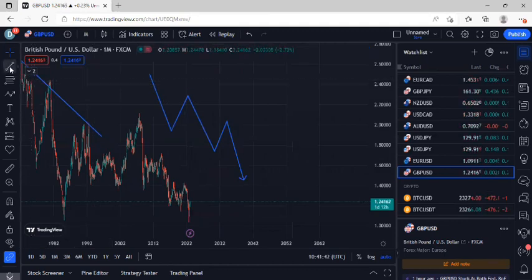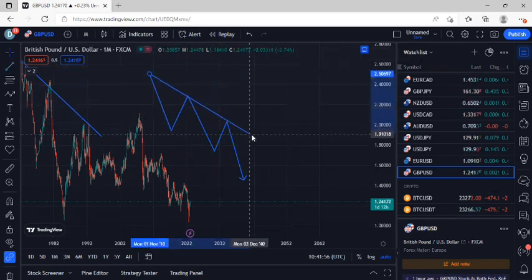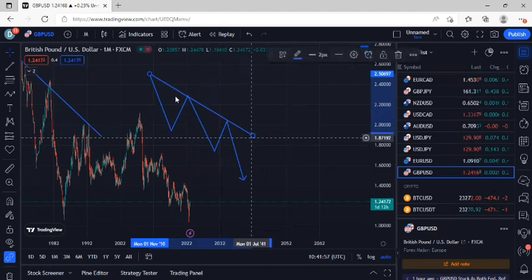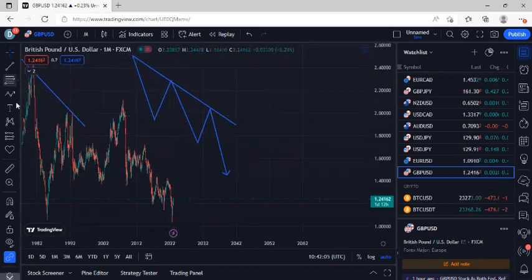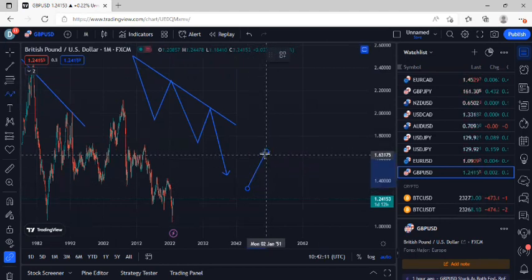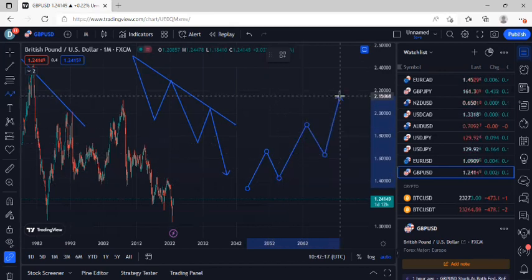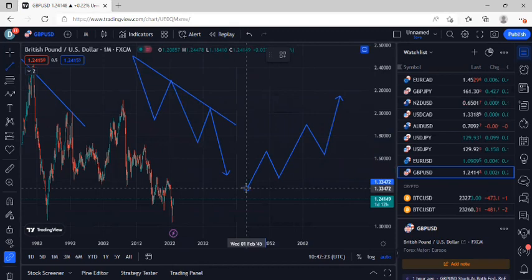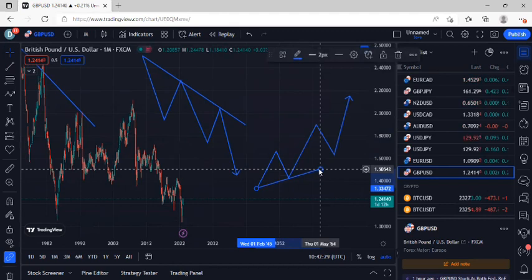For the downtrend, when you're able to join two lower highs, we'll say the trend has started. But when you are able to join the three together, then we'll say the trend has been confirmed. For the uptrend, when you have low, high, higher low, higher high, higher low, higher high, and you're able to join two together like this, we will say the trend has started.